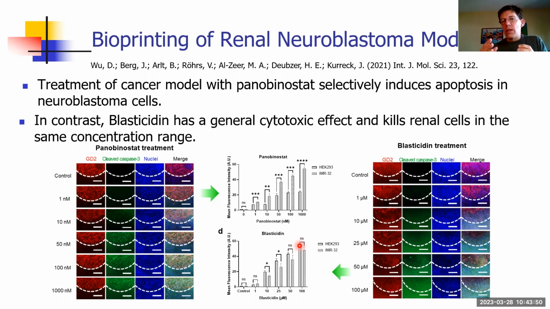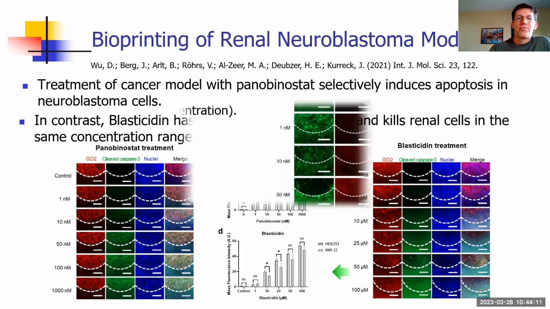So the aim of our model is to develop a platform to test new cytostatic candidates. And here we demonstrate that it's obviously possible to distinguish between substances that specifically inhibit the tumor cells and those substances that also inhibit the non-tumorous cells.